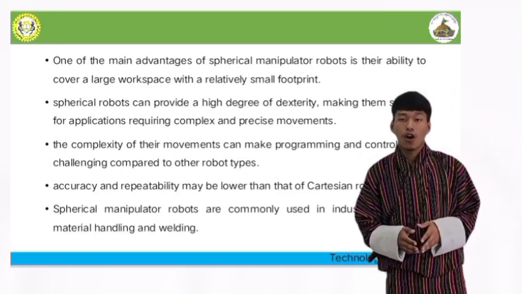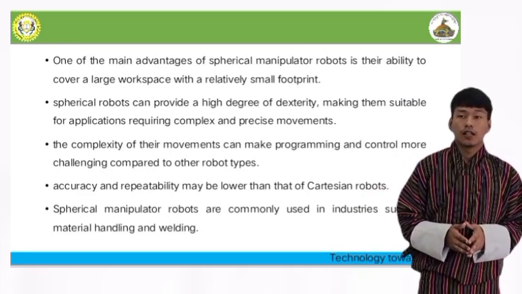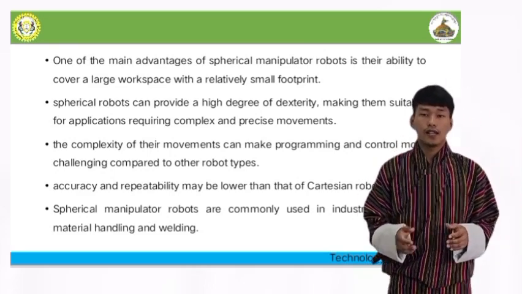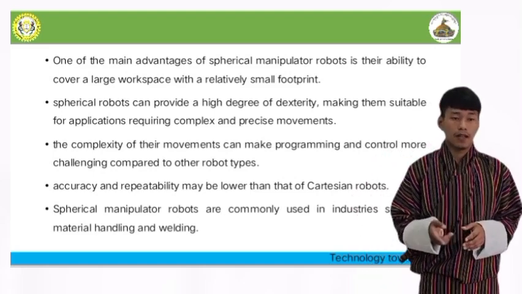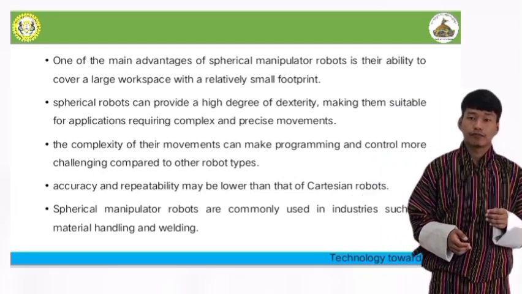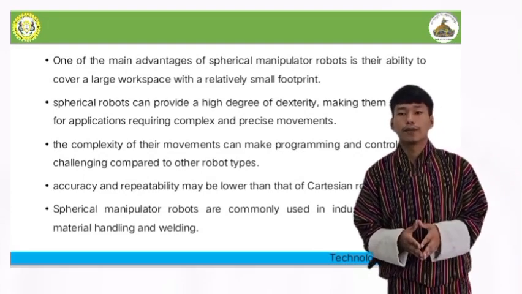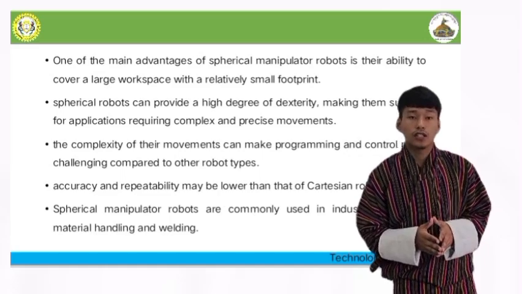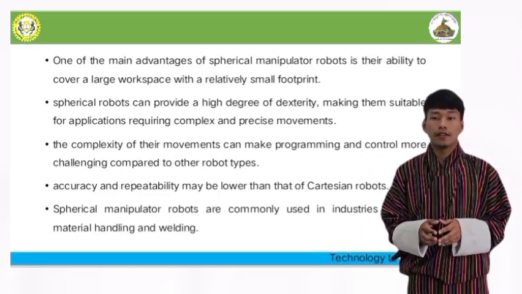The complexity of their movements can make programming and control more challenging compared to other robots. That is a limitation. Accuracy and repeatability are lower compared to Cartesian robots. Spherical robots are commonly used in industries such as material handling and welding.